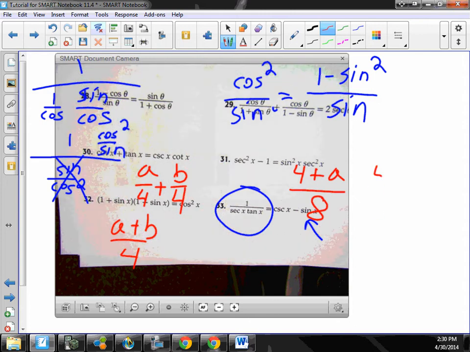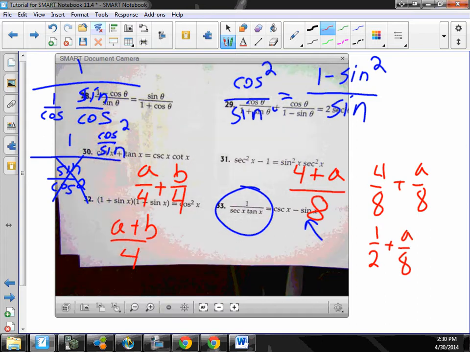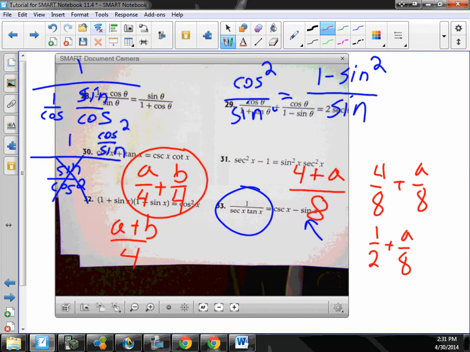I could do 4 over 8 plus a over 8, which is the same as 1/2 plus a over 8. We're going to refer to this as splitting a fraction. So simplifying is using a common denominator to combine a fraction. But if you have a simplified fraction, something plus something over a common denominator, you can always go backwards. And this is going to be used a lot, not every time, but quite a bit.